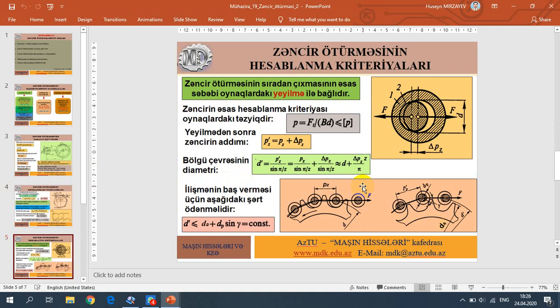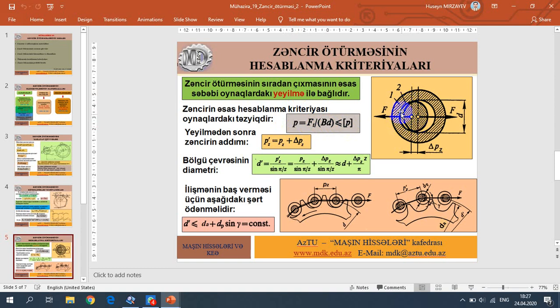Main performance criterion of the chains is the wear life, or wear design calculated according to the wear resistance of the chains, because from the criterion of the wear resistance is calculated middle pressure or bearing pressure on the chain links.